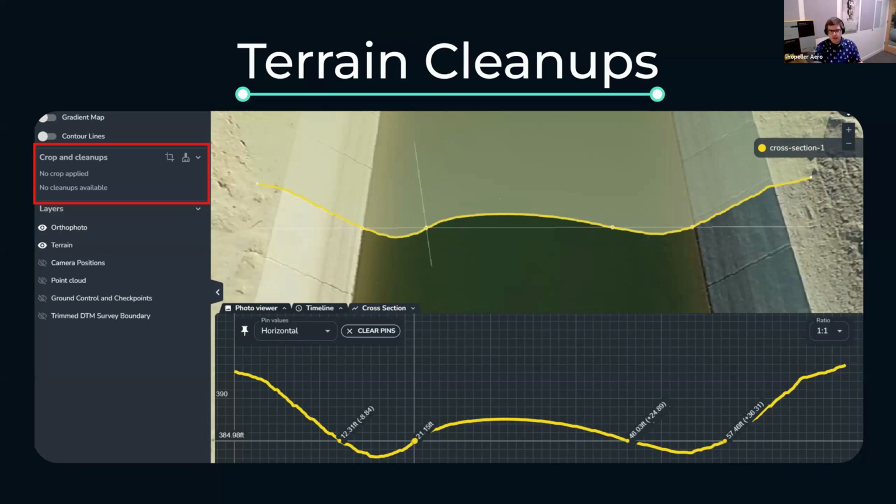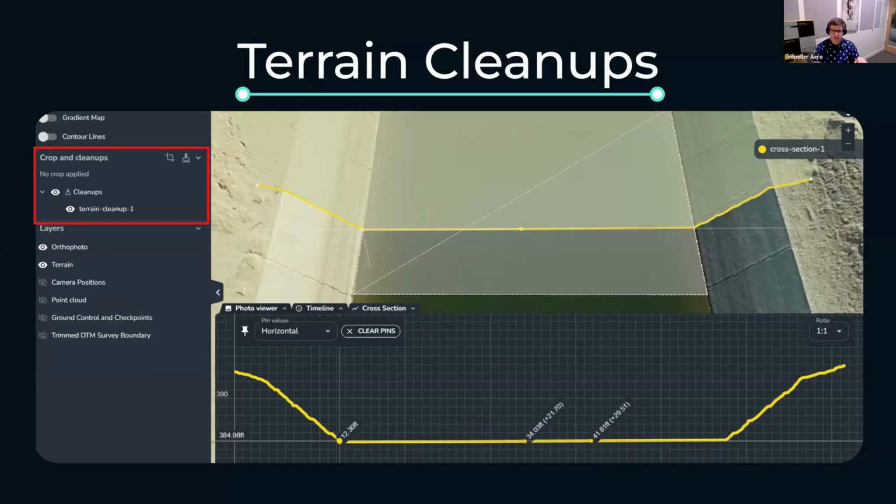Now, if you go into terrain cleanups on the top left under the survey tab, you'll see the gradient map option there. And you draw in an area on this water surface using the banks as reference, it looks like this, which is how water is supposed to look. So what I've done is I basically used the very edge of the banks, or these slopes in this instance, as my guide to draw in the terrain cleanup.